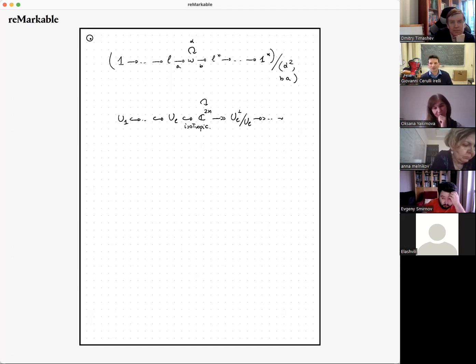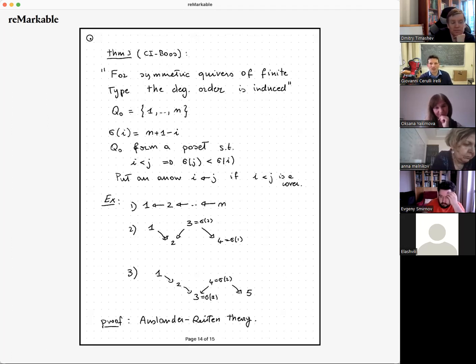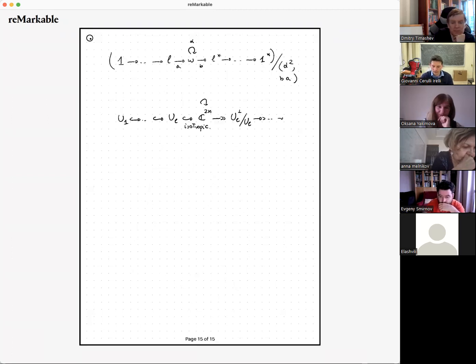It's much harder from the quiver side, because already for type A quivers, this theorem here is really complicated. At least the proof is not easy. And so try to do it for this algebra. You have a loop. It's not because of the loop, it's just complicated.